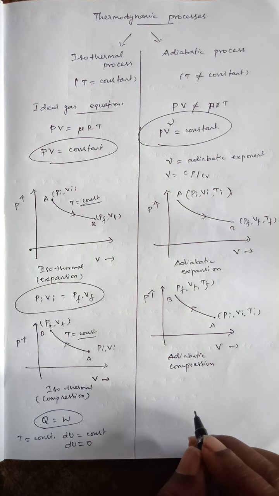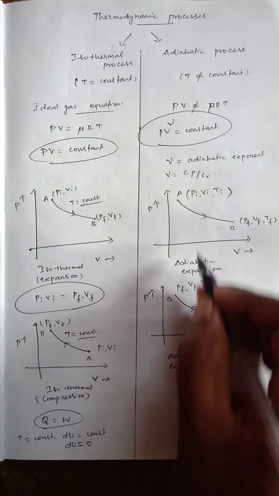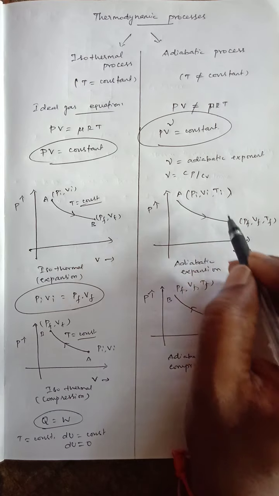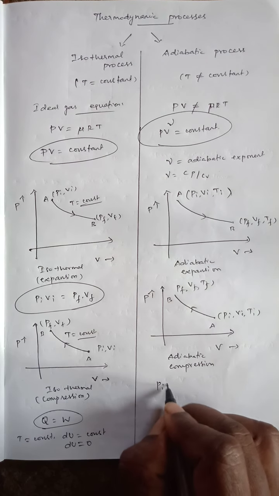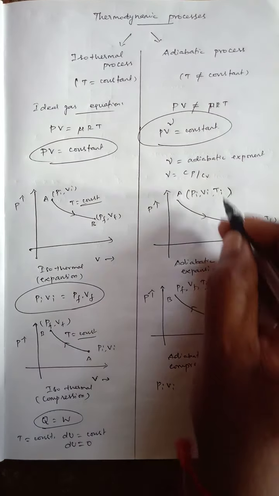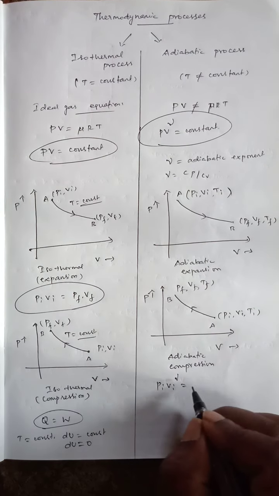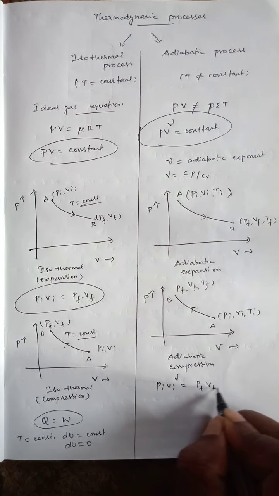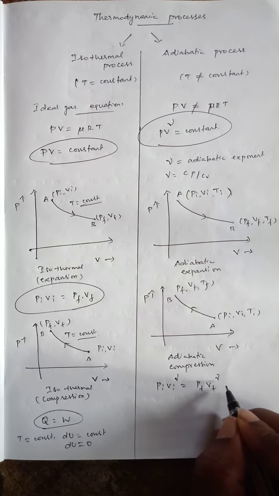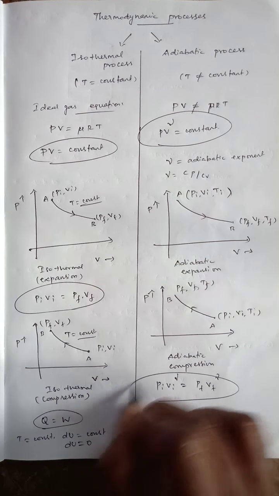So the formula we write is: the pressure at A is Pi Vi, but T is not constant, so with the power gamma, Pi Vi^gamma is equal to Pf Vf^gamma, equal to constant.